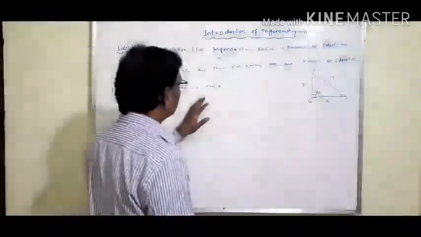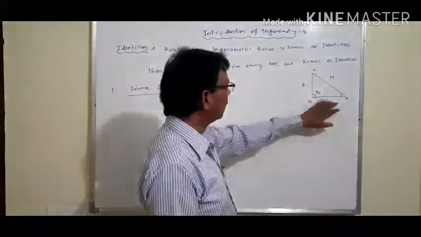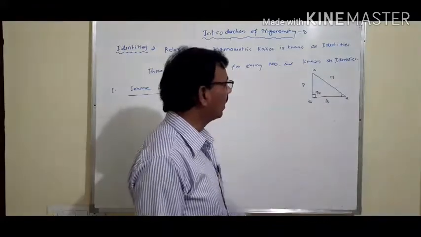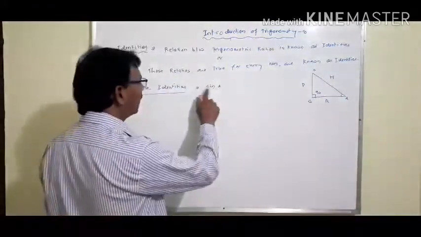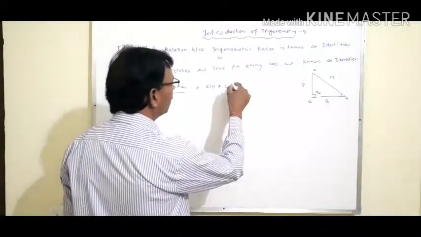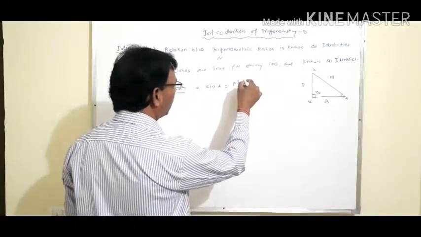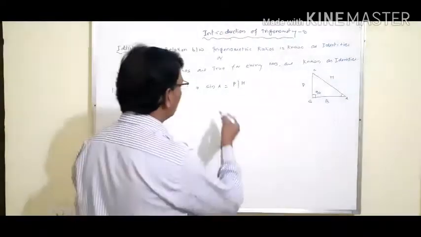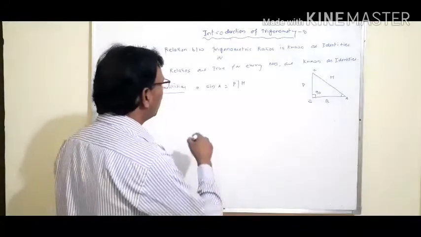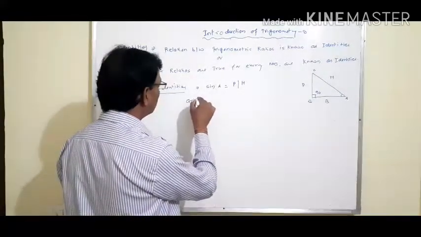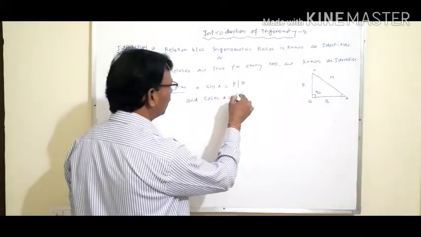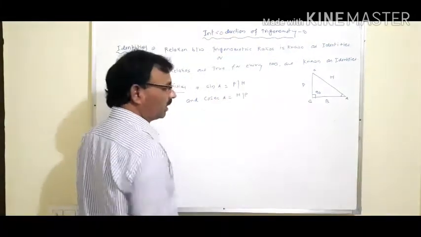Now we take angle A, that means BC will be perpendicular, AB will be base, and AC will be hypotenuse. Since sin of A equals, as you know, perpendicular upon hypotenuse. About this we have already discussed in the previous slide. And cosec of A is equal to hypotenuse upon perpendicular.